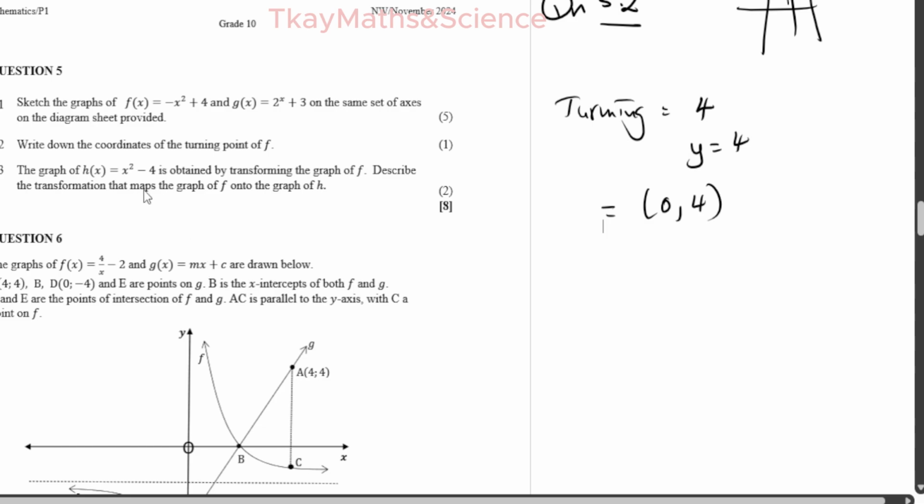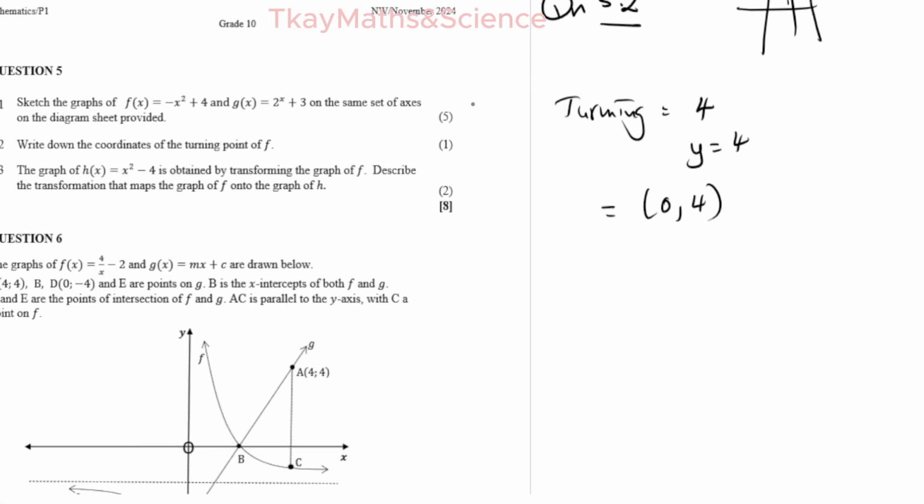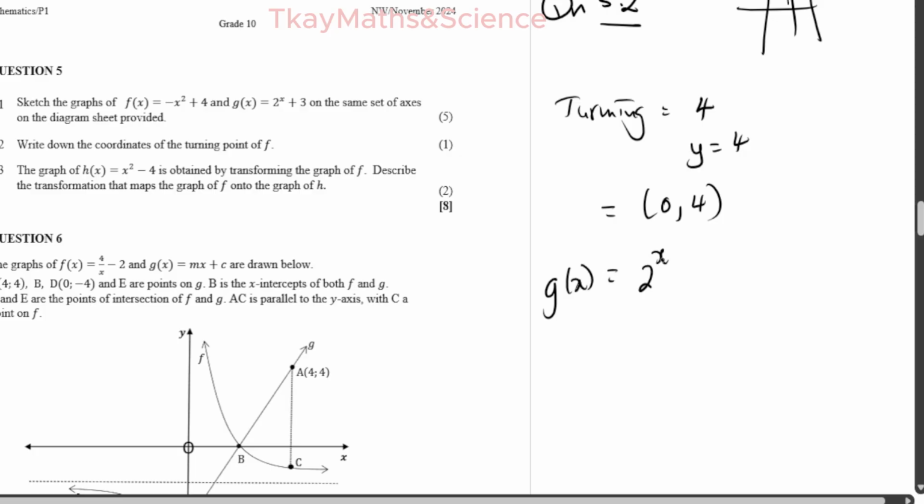Now they say the graph of h of x, which is x squared minus 4, is obtained by transforming the graph of f. Describe the transformation that maps the graph of f onto the graph of h.